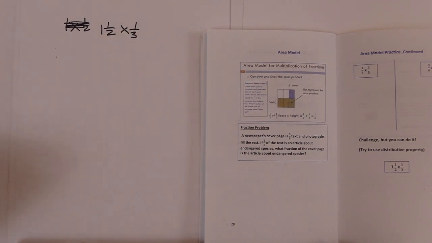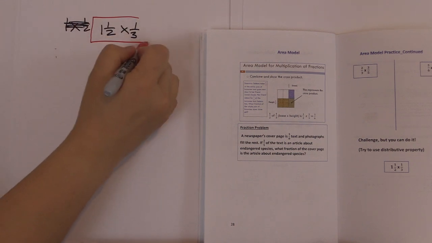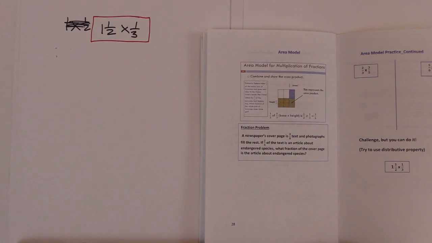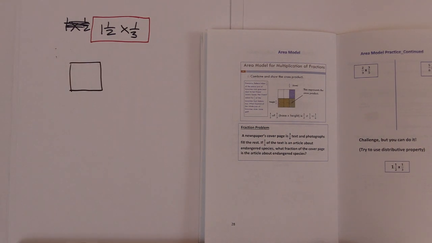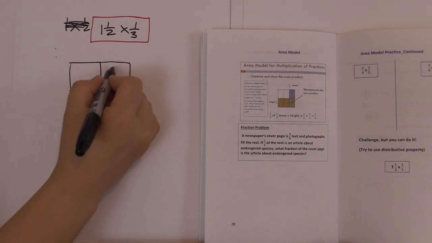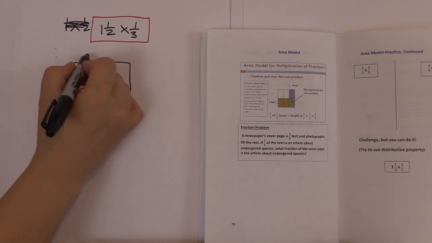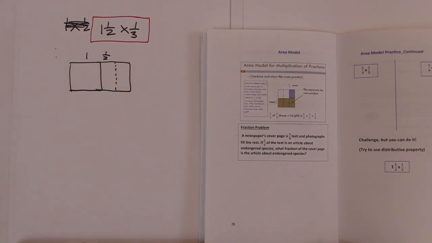This is our problem here. So I want to draw 1 1/2 as my base. So I have 1 whole and this 2 whole, but I'm going to have only half. This is 1 1/2, which is my base. So I'm going to color my base.